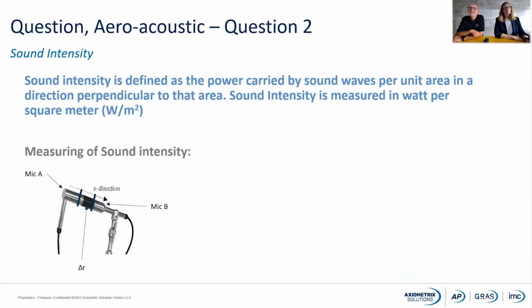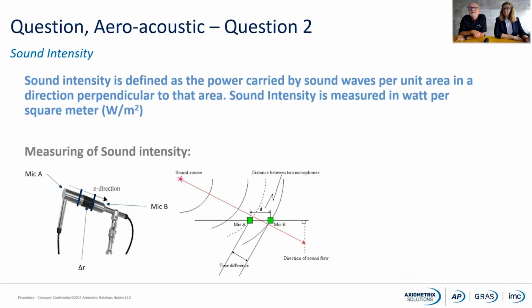And then the next thing, when we have sound intensity, we have a little spacer. If you look at the picture, there's a black ring, and this black ring is a spacer with a certain distance. Depending on the frequency range you are measuring in, this spacer can be longer or shorter.